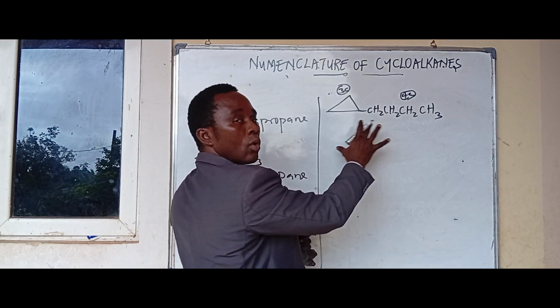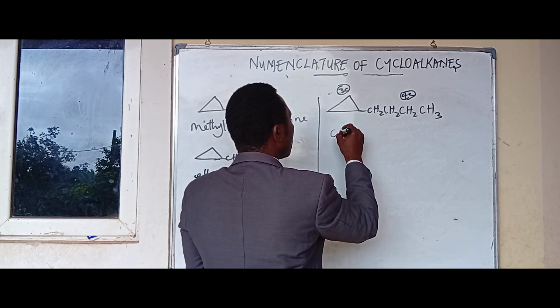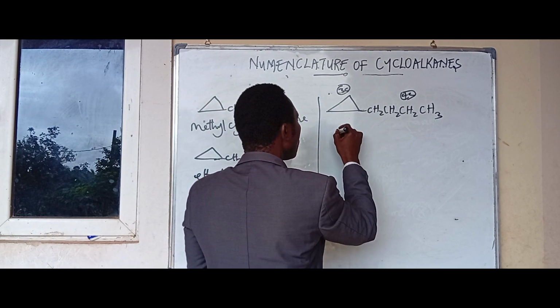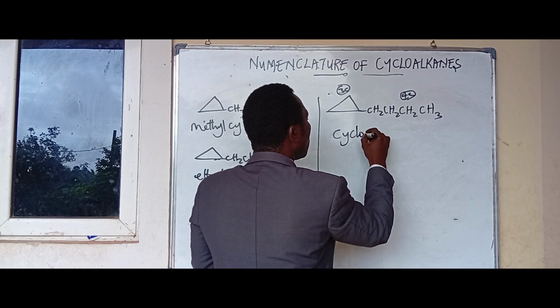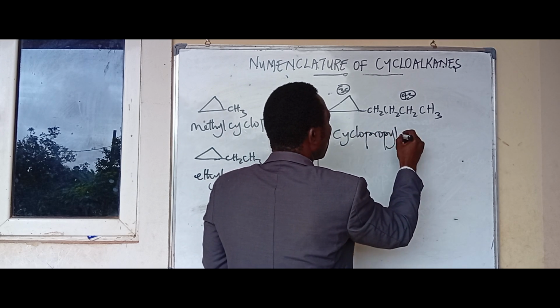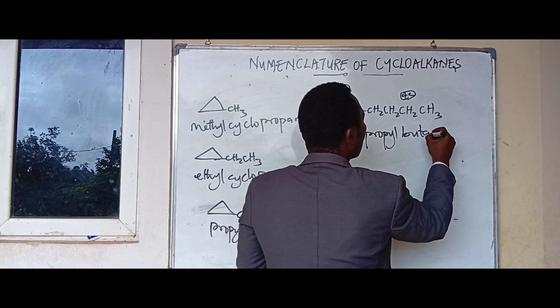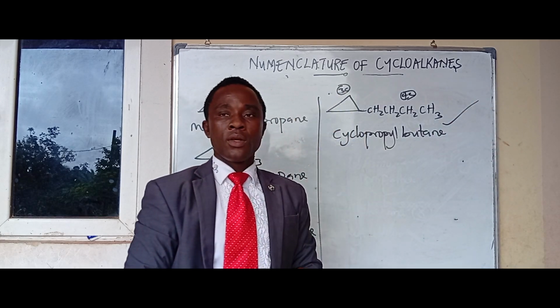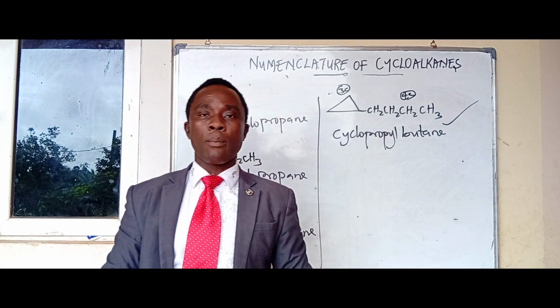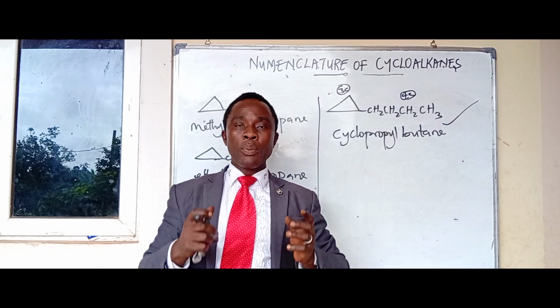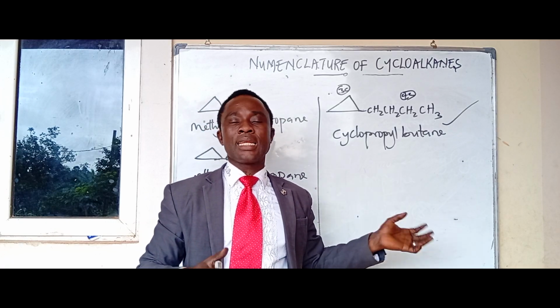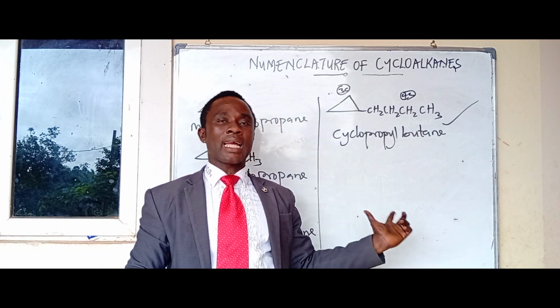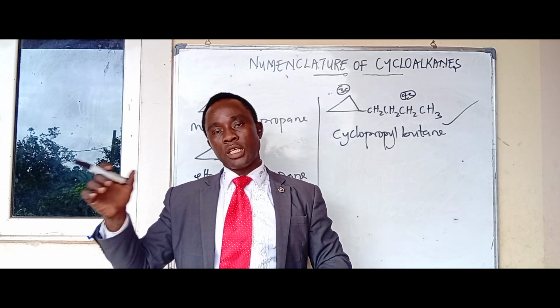So the name of this compound will become cyclopropylbutane. That becomes the answer. So anytime you are naming a cyclic compound having an open chain, and the open chain carbon is longer than the cyclic carbon, then the cyclic becomes the substituent to the open chain.